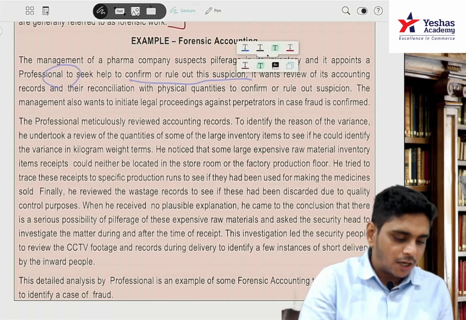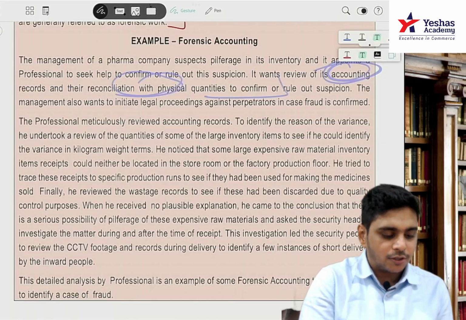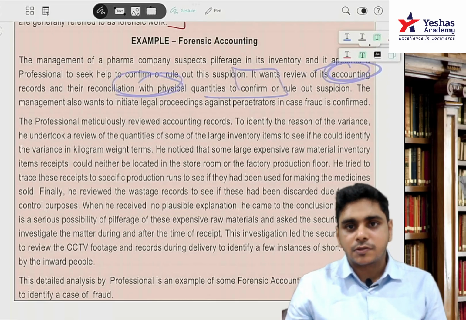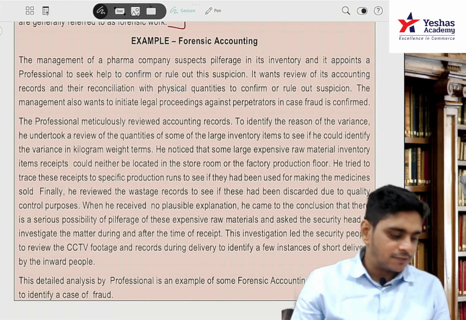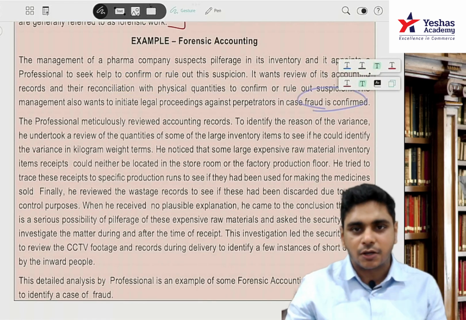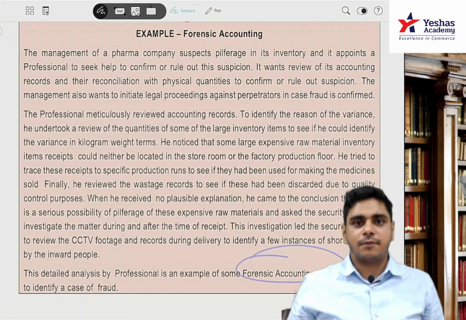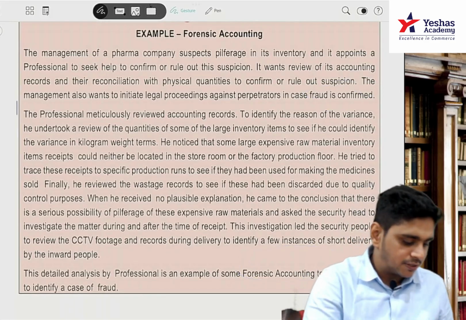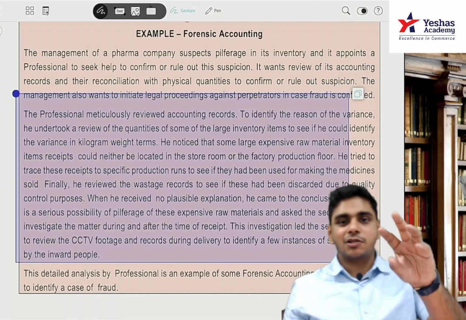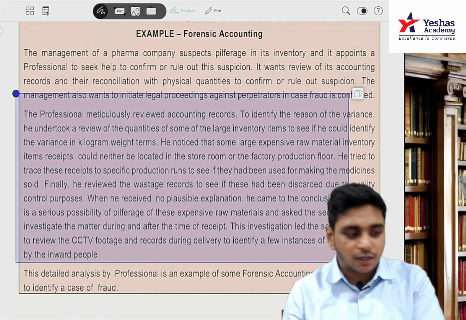He wanted to review the accounting records and the reconciliation with the physical quantities. The management wanted to initiate legal proceedings against the perpetrator in case a fraud is committed. So he will be checking all this. This would be an example of forensic accounting techniques. So you need to understand the story. When you are checking accounting records and the reconciliation, it is called forensic accounting.